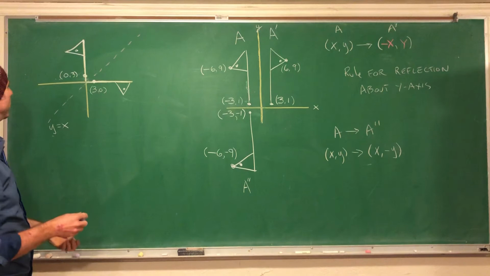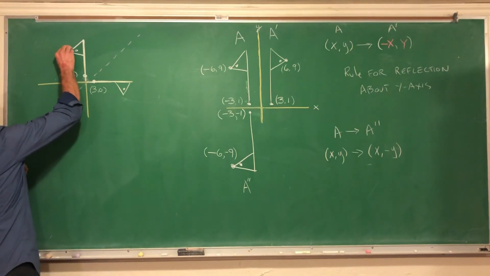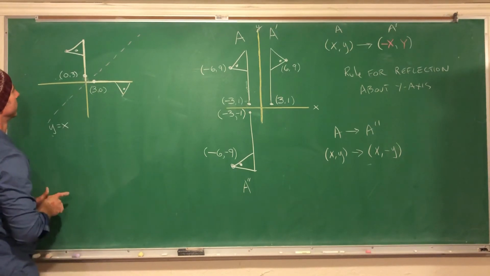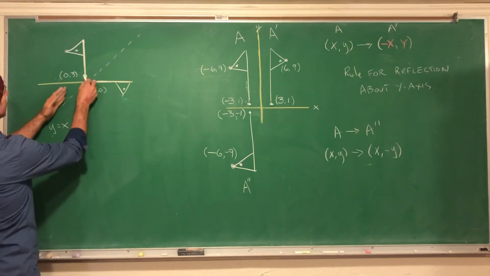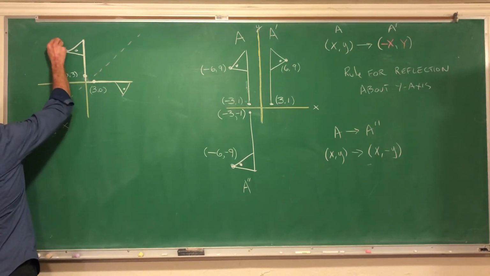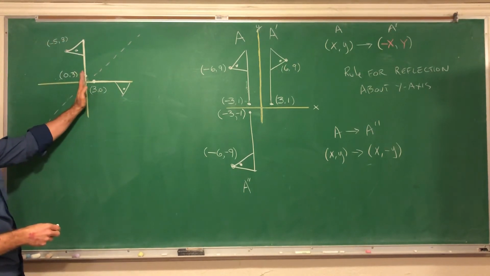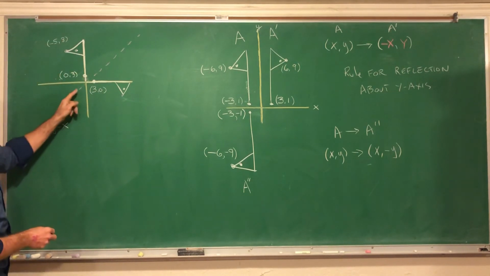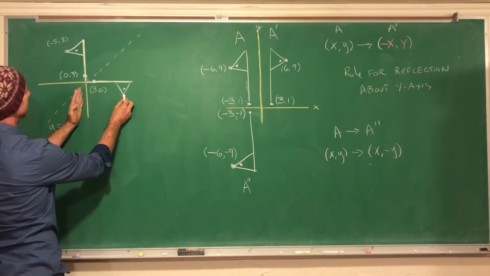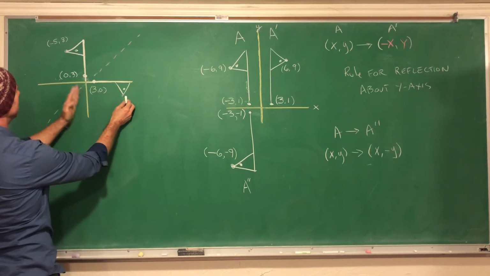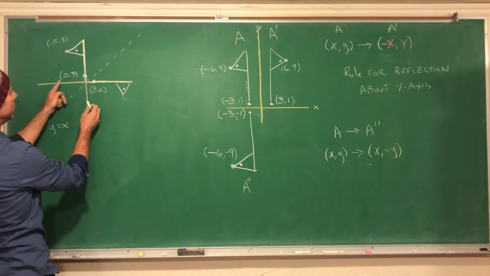Let's try another point. Okay? How about this one right here on the nose again? And let's call that one, say, -5, 8. Okay, so I went 5 and 8. Now over here, you've got to keep in mind, it's still 5 out from the nose.